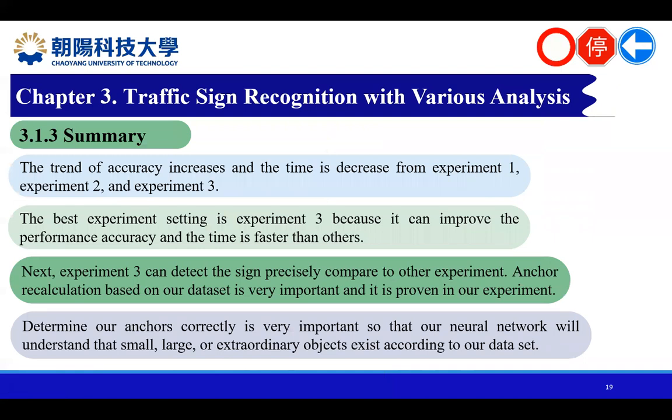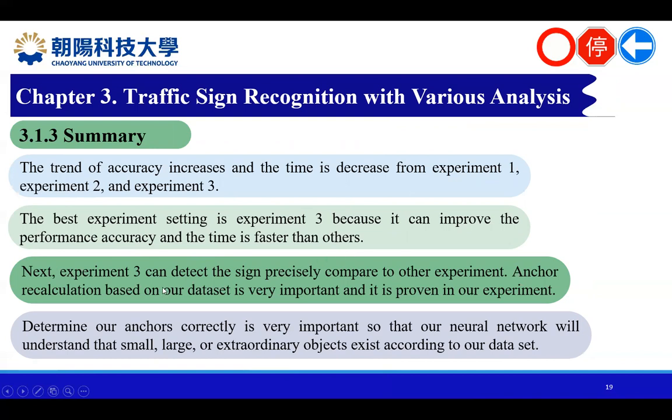So based on the anchor box analysis, we can summarize that the accuracy trend increases and the time decreases from experiment 1, experiment 2, to experiment 3. The best experiment setting is experiment 3 because it can improve the accuracy and the time is faster than the others.